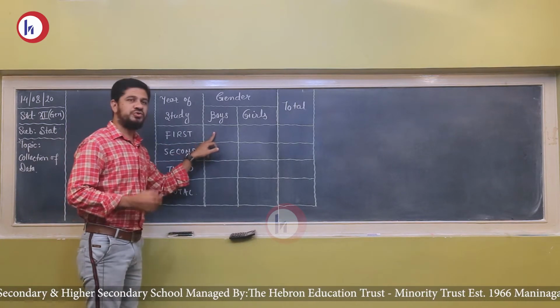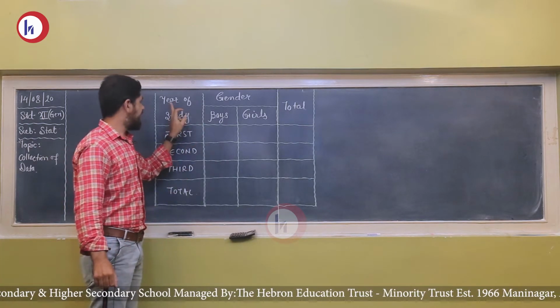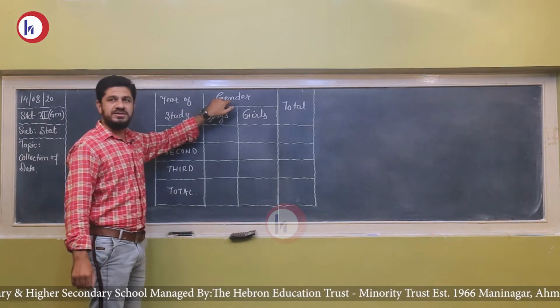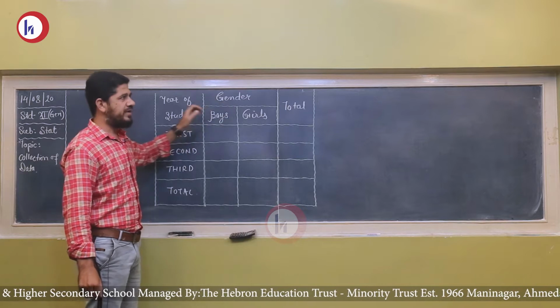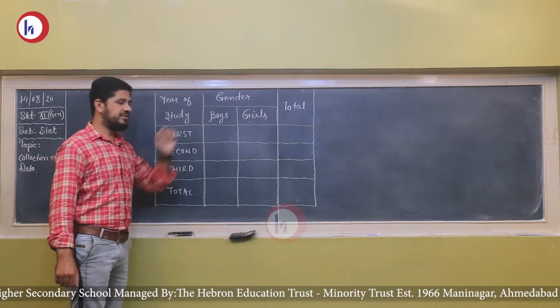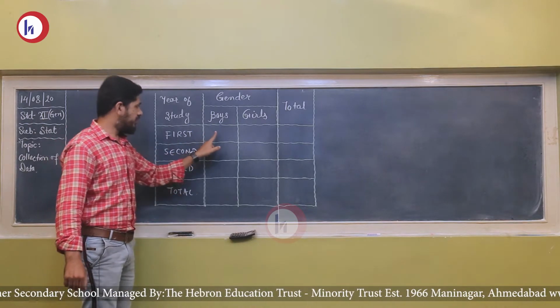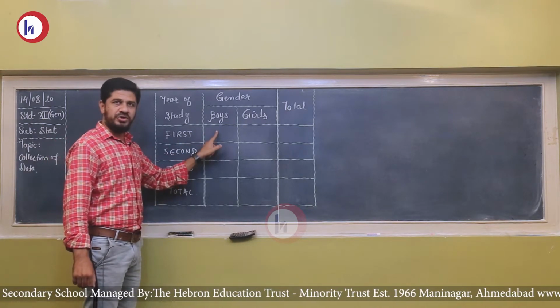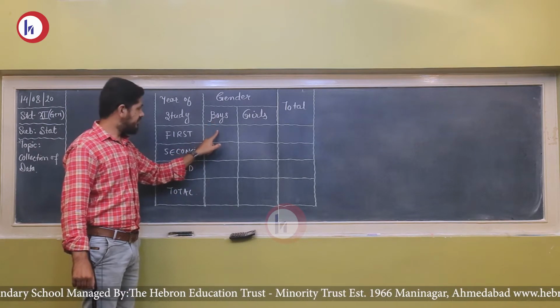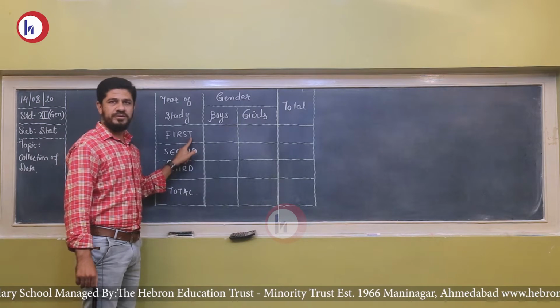So we have two attributes, one is years of study, and the second is gender. We have 3 years, first, second and third, and 2 genders, boys and girls. You can see gender above it and year on the left side of this block.